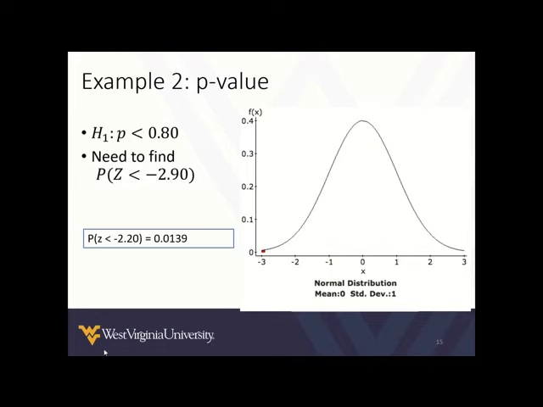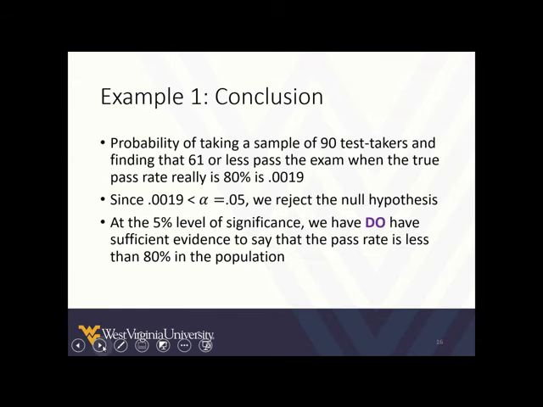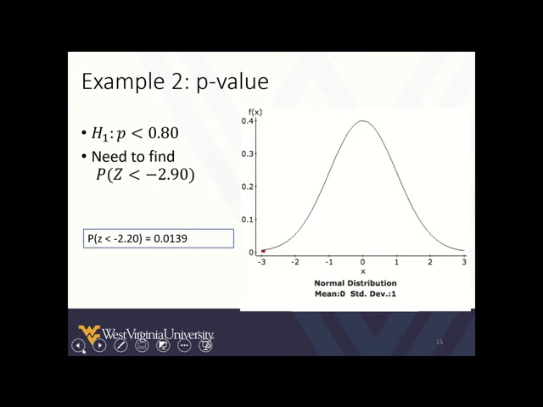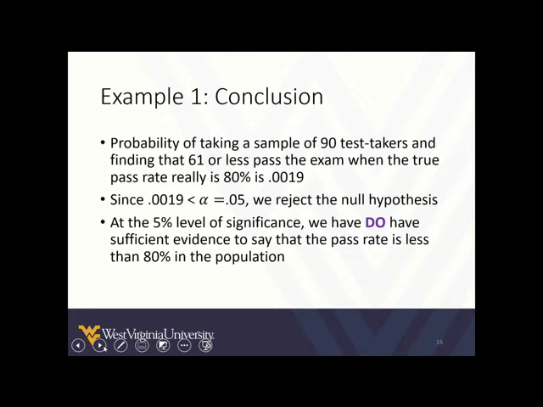And so if we use our normal table, we would see that the probability of z being less than negative 2.90 is 0.0019. And so at this point, we can see that since 0.0019 is less than alpha at 0.05, that means we can reject the null hypothesis.